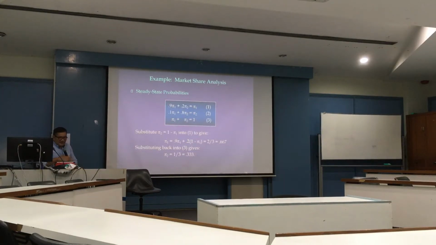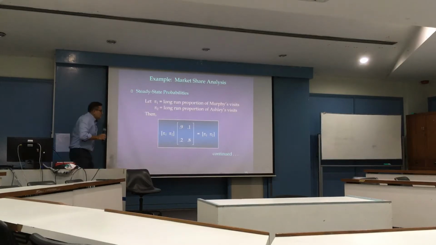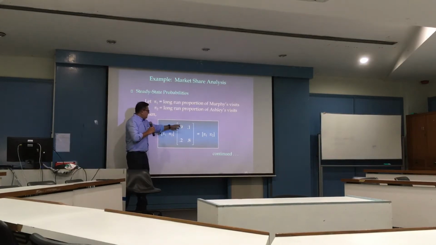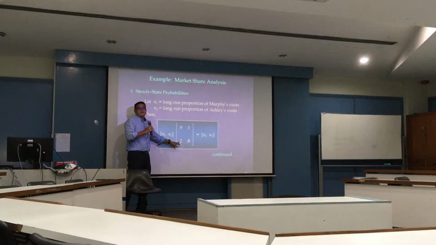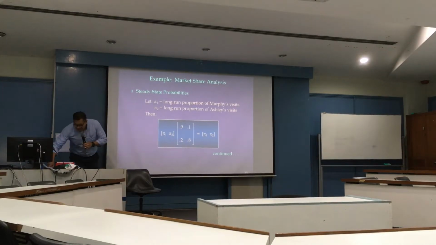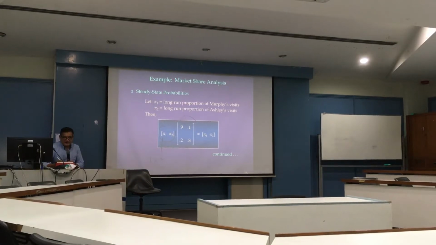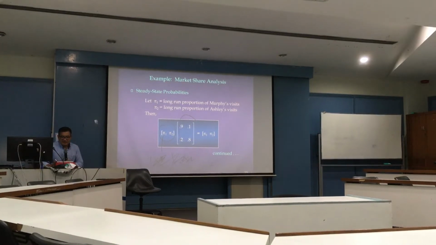You're going to have this one multiplied with this one plus this one multiplied with this one. This is a 1 by 2 matrix: 1 row, 2 columns. This is a 2 by 2 matrix: 2 rows and 2 columns. When you multiply together, you're going to have a 1 by 2 matrix.